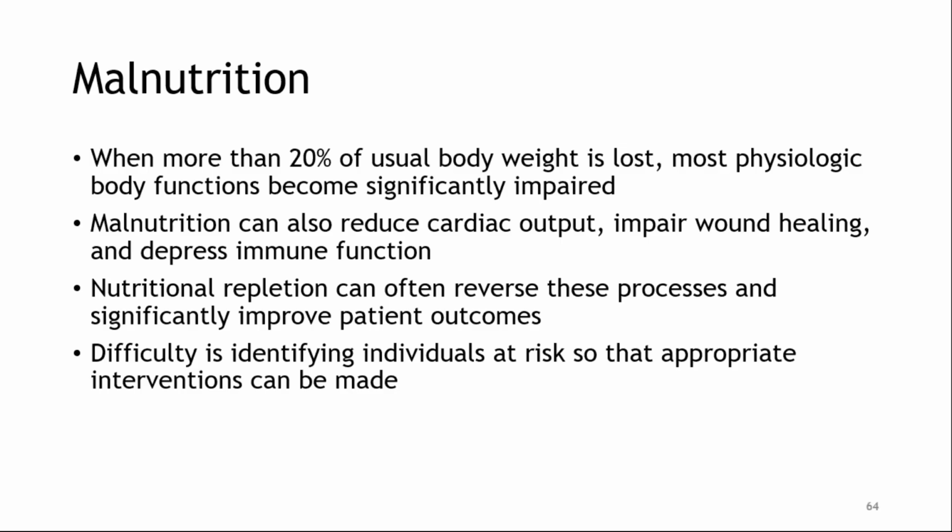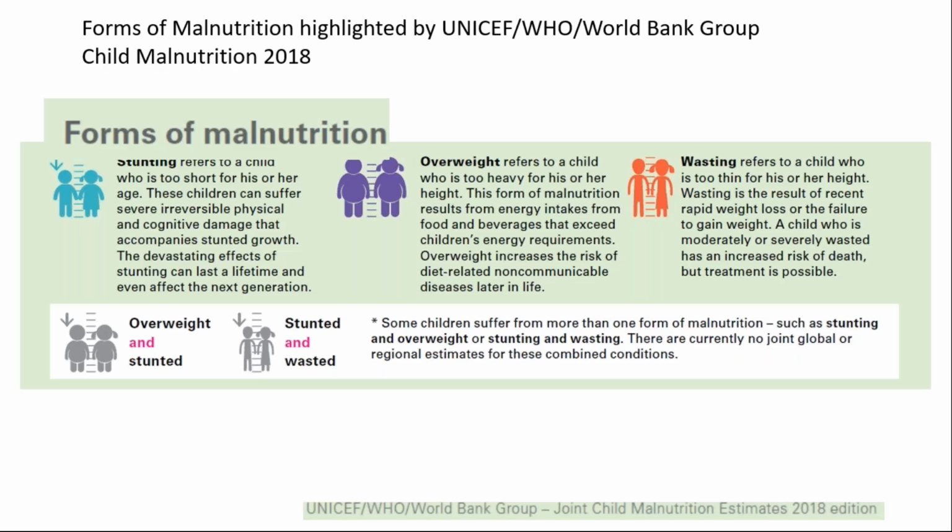So if you look at the most recent publication of WHO, which talks about the forms of malnutrition, the forms highlighted in this 2018 release are, first, stunting, which refers to a child who is too short for his or her age. These children can suffer from severe, irreversible physical and cognitive damage that accompanies stunted growth.